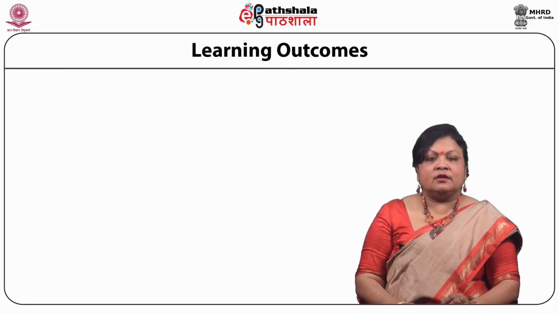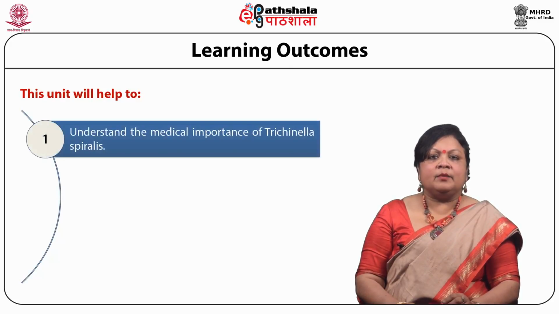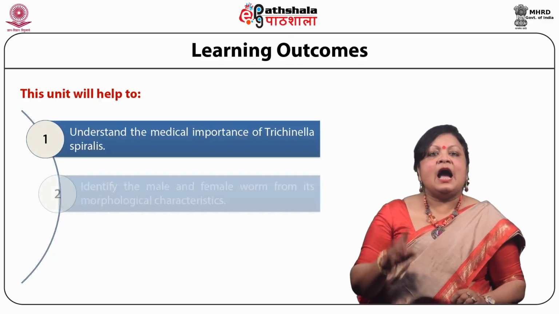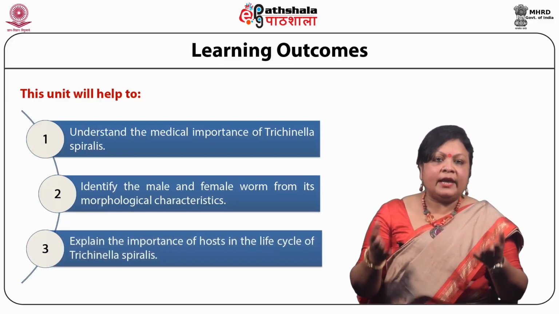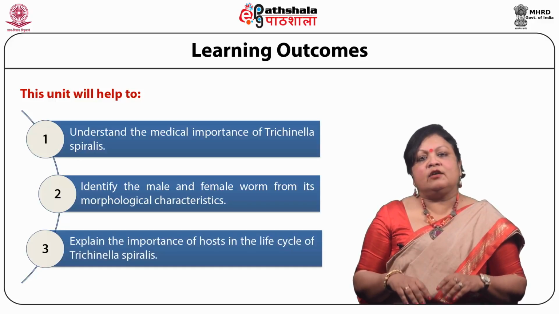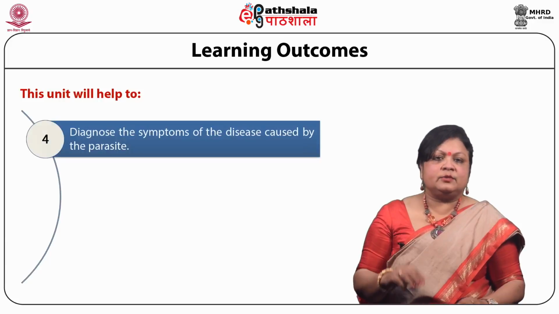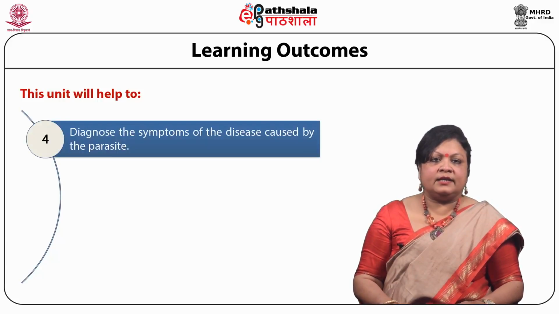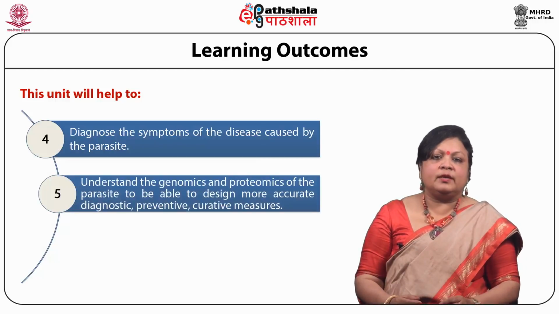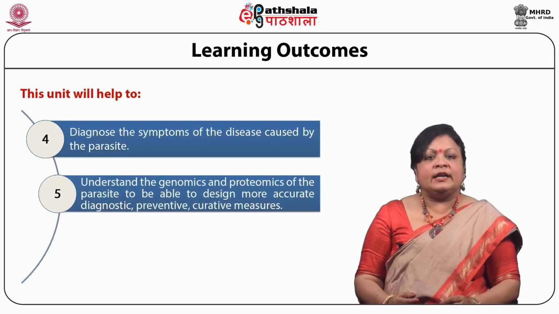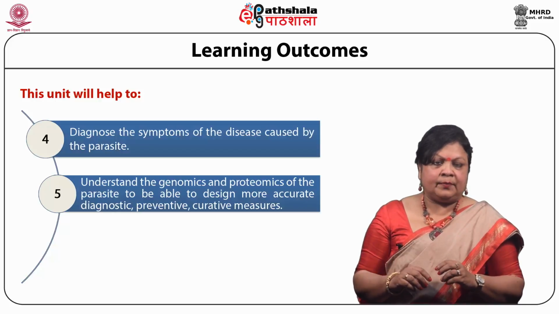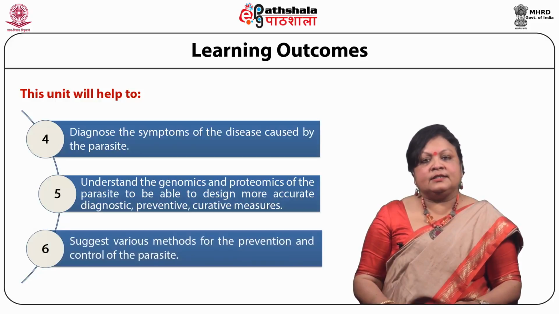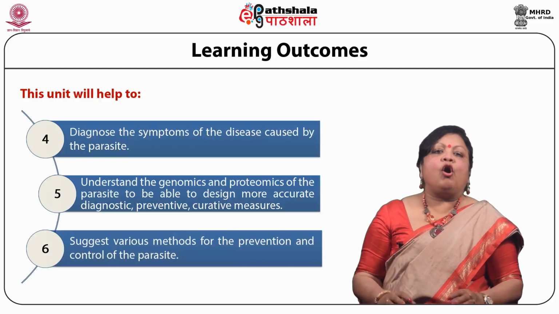The learning objectives of this unit are to help us understand the medical importance of Trichinella spiralis, identify the male and female worm from its morphological characteristics, explain the importance of hosts in the life cycle of Trichinella spiralis, diagnose the symptoms of the disease caused by the parasite, understand the genomics and proteomics of the parasite so that it enables us to design more accurate diagnostic, preventive and curative measures, and to suggest various methods for the prevention and control of the parasite.